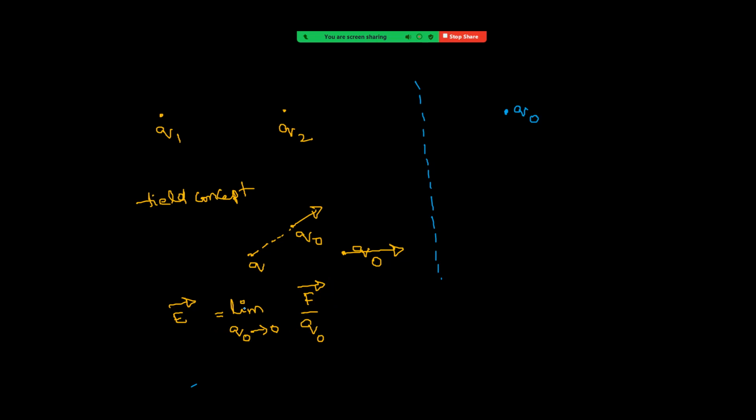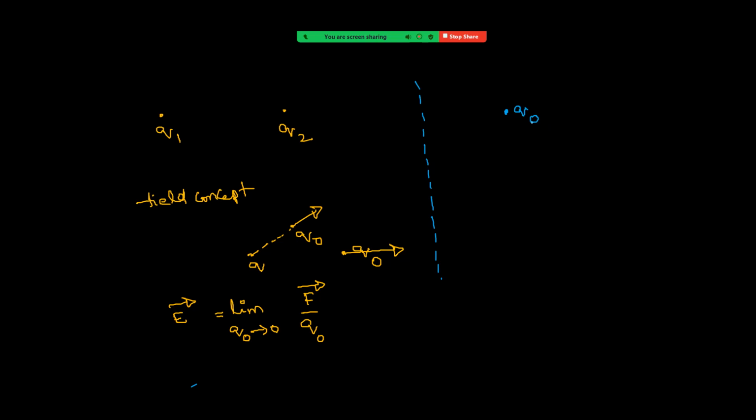In the limit Q naught tends to 0. So we are saying here that an electric field is present in this space and we want to know the strength of that field at this point, right? When we place a charge in that field, this charge is also going to produce an electric field in the surrounding space.